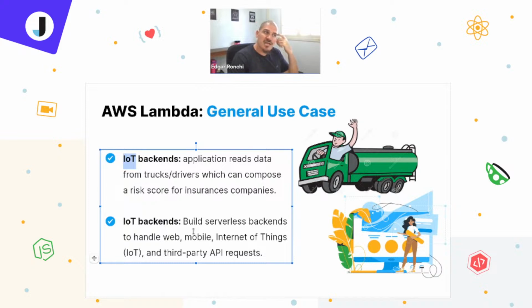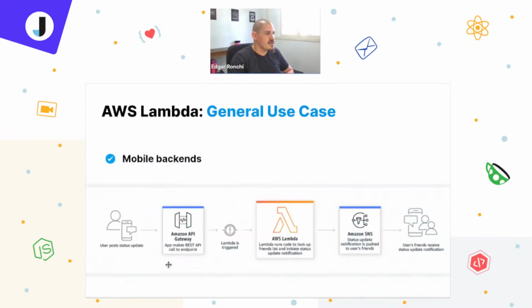And we can remember that when you think about IoT backends, you can build several backends. So they can be web, mobile, or programming something properly in the IoT device, or maybe any other third-party API request you want. Here is an example of a mobile backend, similar to the others before.